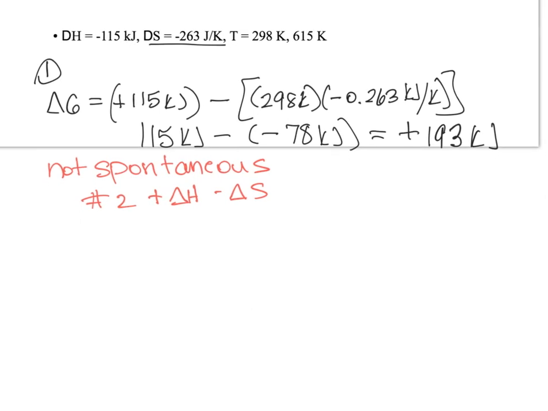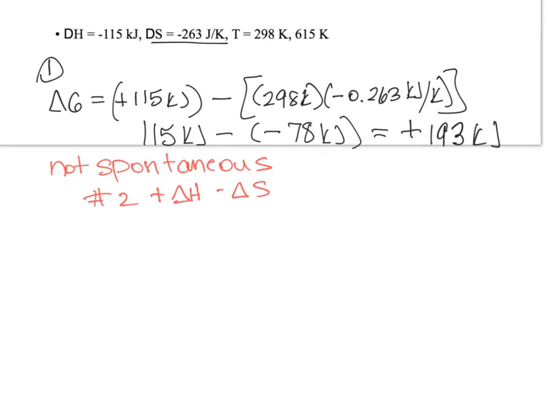Okay, I'm going to move this up, and we're going to look at problem number 2. In this case, we've got 2 different temperatures here. So we're actually going to do 2 calculations, one at 298 and one at 615. And the difference here is that our delta S is the same, negative 0.263, but enthalpy is negative 115.